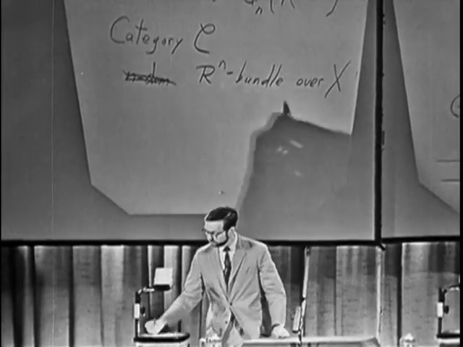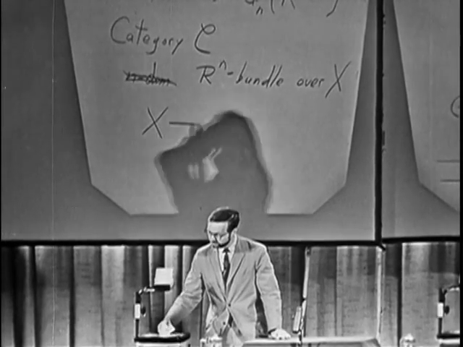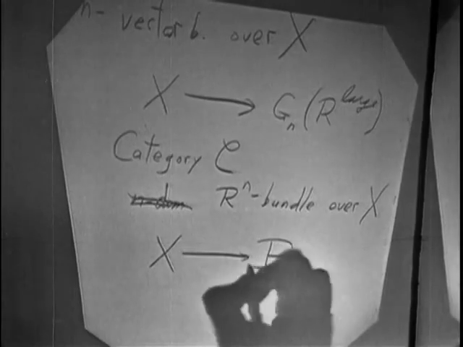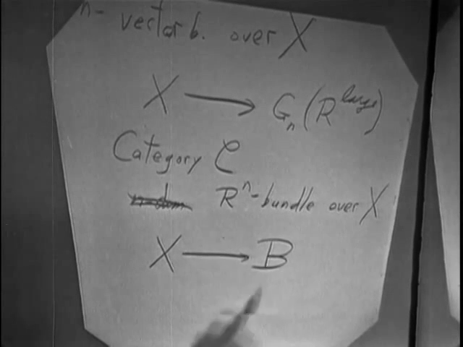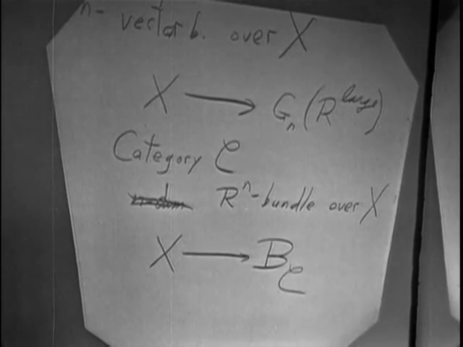And in each case, such bundles are classified by mappings of X into a universal example of such a bundle. The base space of that I'll call B sub C.